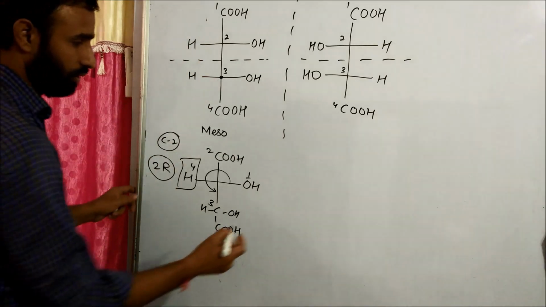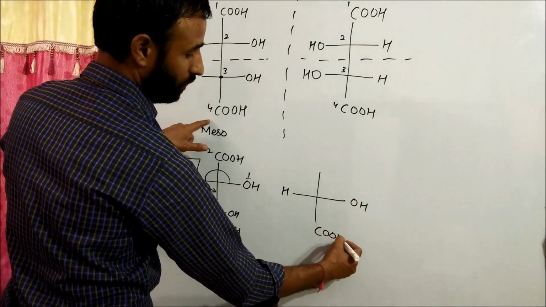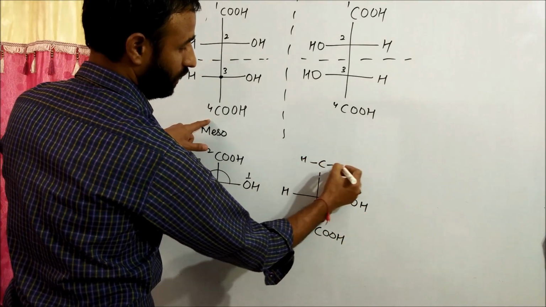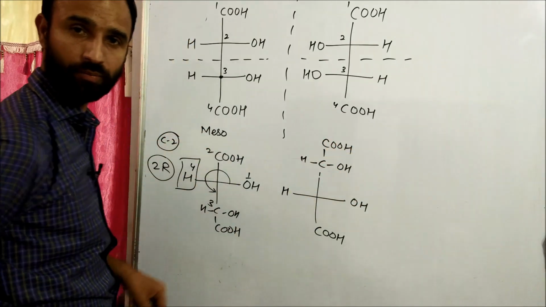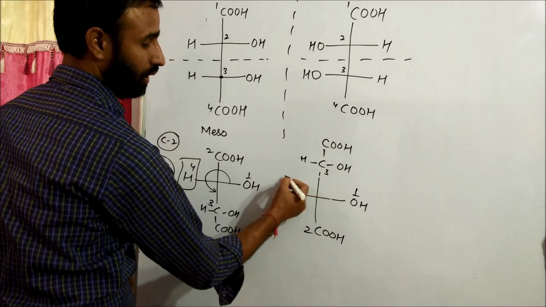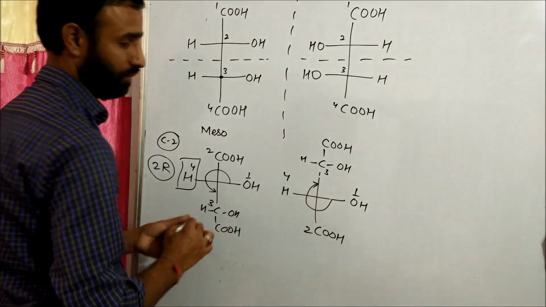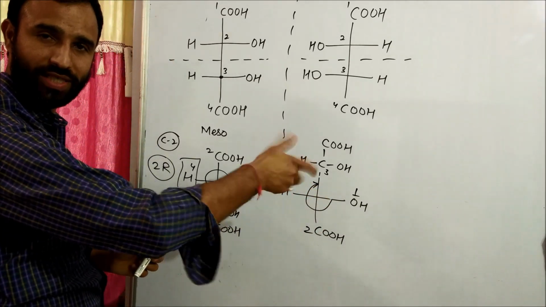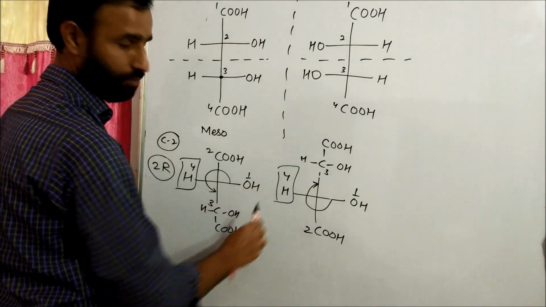At the third position, H, OH, COH, CHOH, COH. It is 1, 2, 3 and 4. So 1, 2, 3. It goes clockwise, horizontal.